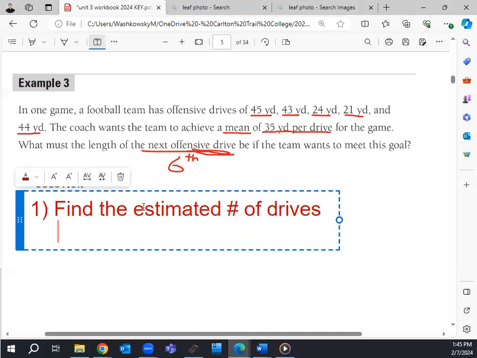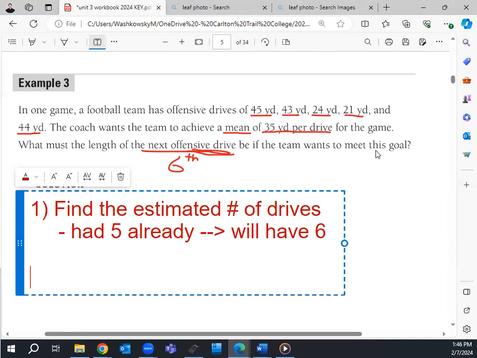This is the fancy way of saying I had 5 already, and he wants the next drive, which is the 6th one, to be counted. So I have 5 already, but I will have 6. I'm going to have 6 drives. I'm trying to think, how many points do I need? Because this is important, and you'll see why in a second. The next thing is, what's my goal?